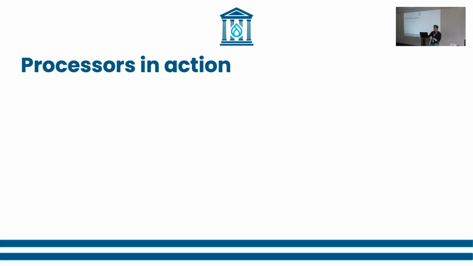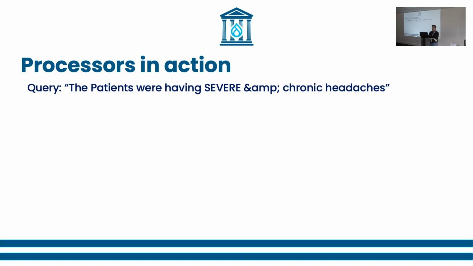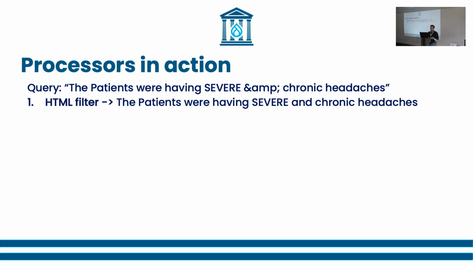So processors in action. If we do a query, we can see an example. Let's say that we have this query from a user: the patients were having a severe N% chronic headaches. First, we do the HTML filtering, so it transforms the N% to the actual symbol.